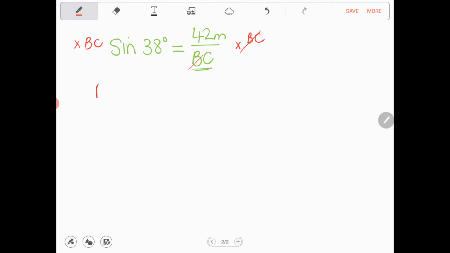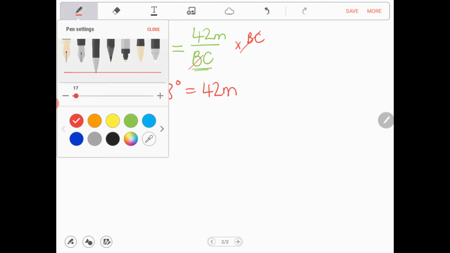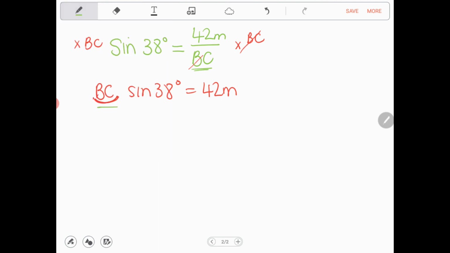So now we've got BC times the sine of 38 is equal to 42 meters. Now BC wants to be left alone on this side, so we've got to divide both sides by the sine of 38 to solve for BC.